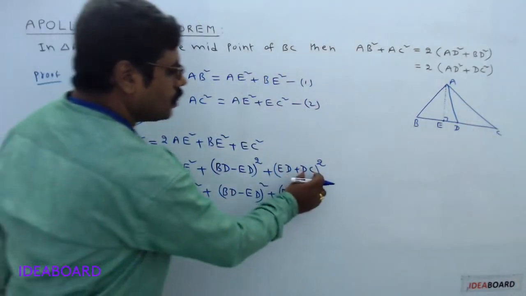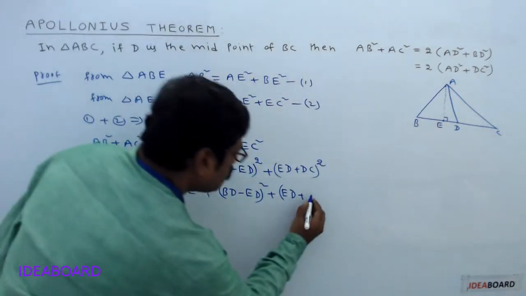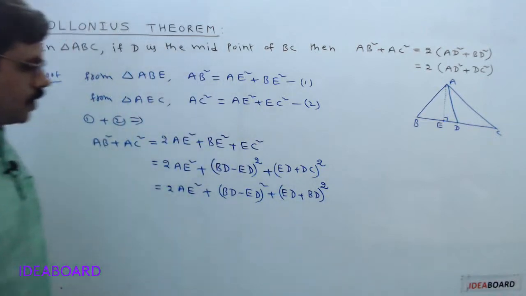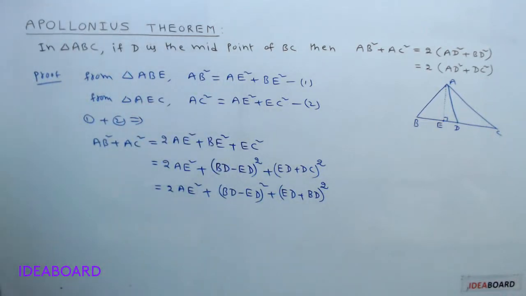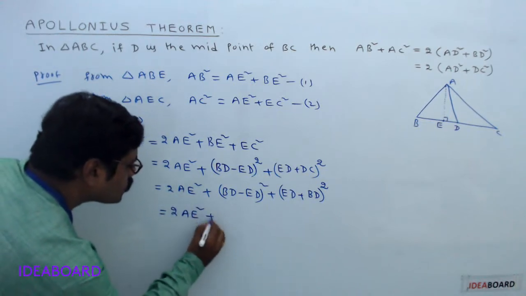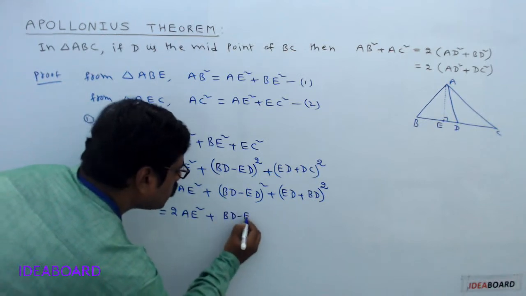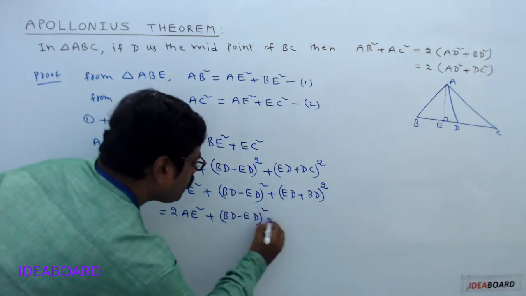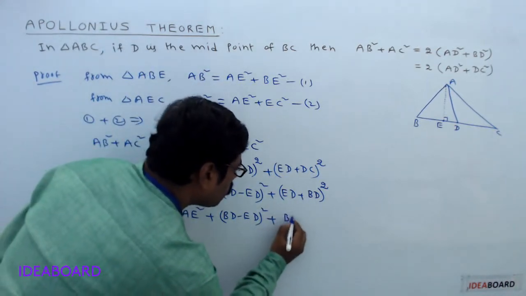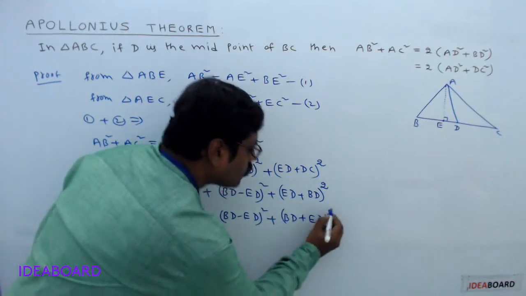In place of DC, you can substitute the value BD. So DC equals BD. Again it will be 2 into AE square plus BD minus ED whole square plus BD plus ED whole square.